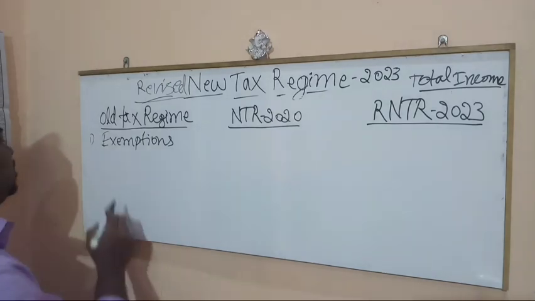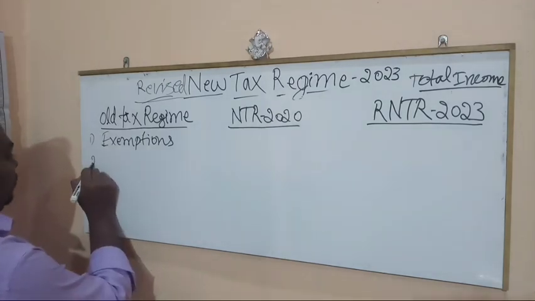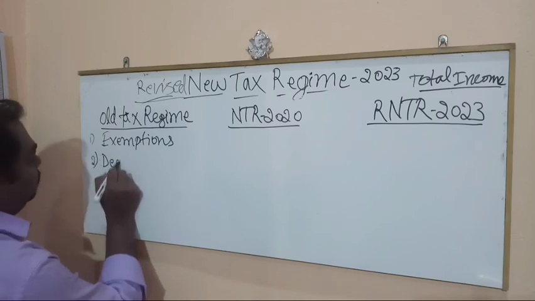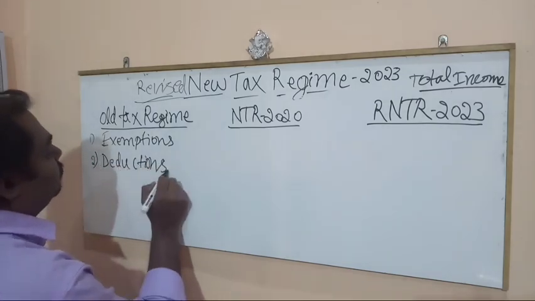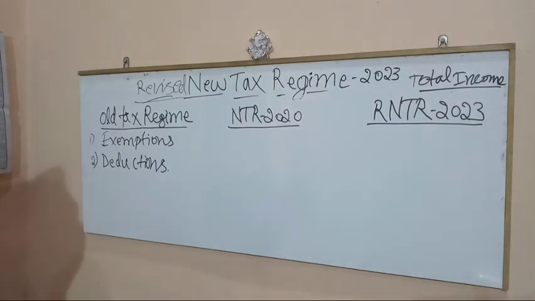Along with exemptions, there were also deductions. These deductions were usually payments or investments which you make in life insurance or medical insurance or any fixed deposits or repayment of any loan borrowed for construction of houses.